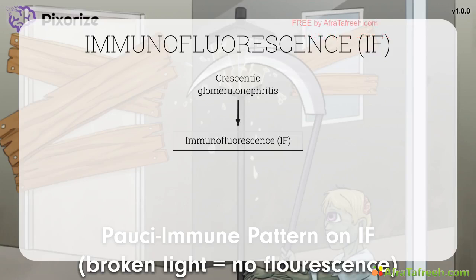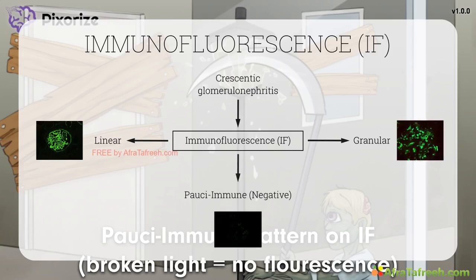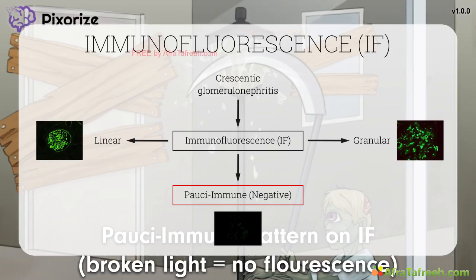Since IgG is a type of antibody, the presence of immunofluorescence indicates the presence of hypersensitivity. While other patterns exist, one characteristic of microscopic polyangiitis is a completely negative pattern, also known as a pauci-immune pattern. The word pauci means few, so a pauci-immune pattern refers to a lack of bound immunoglobulins and deposited immune complexes.